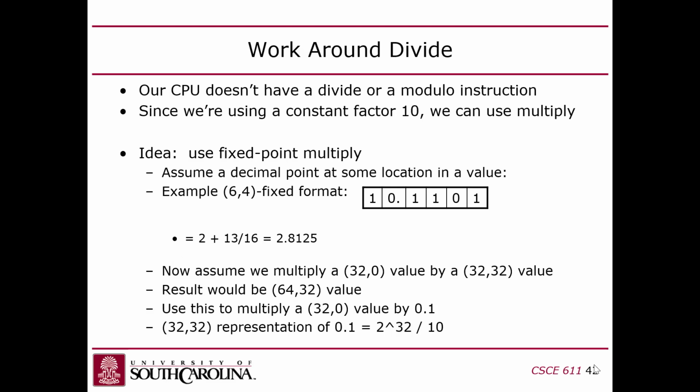Let's go back and apply it to this. If we have 4 fractional bits, how would I put 0.1, 1/10, in here? It would be 16 divided by 10, which is 1.6, and I have to round it.